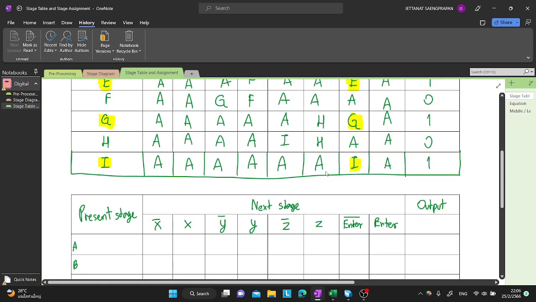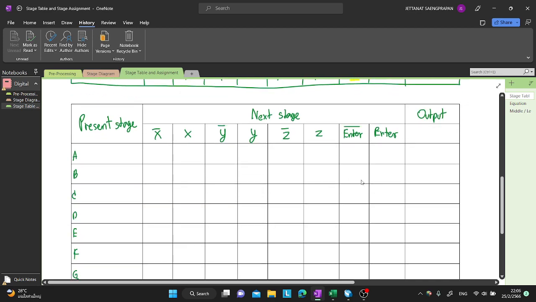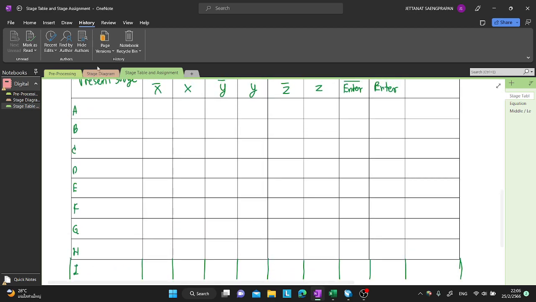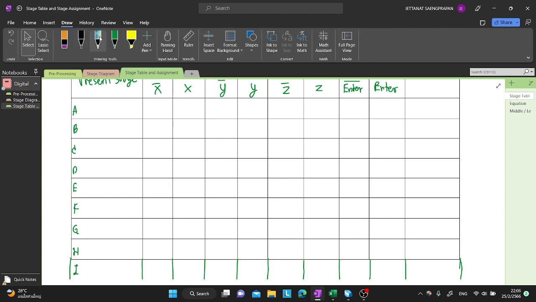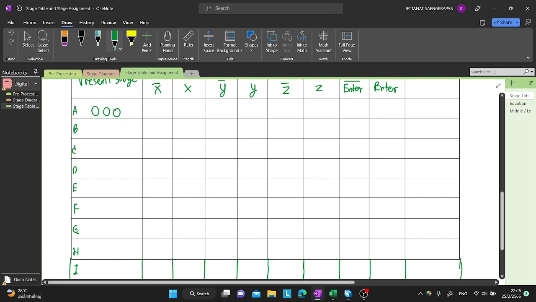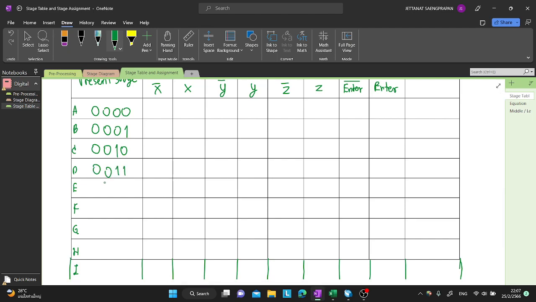So here we go. State assignment changes all of the alphabet to numbers. State A is 0, 0, 0, 0. State B is 0, 0, 0, 1. State C is 0, 0, 1, 0. State D is 0, 0, 1, 1.